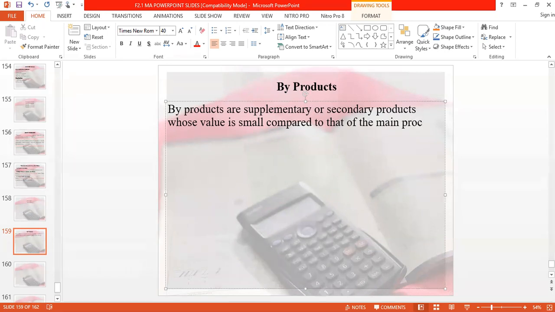Rarely do we test calculation. You just need to know what a byproduct is. Rarely does the examiner test calculation on this. However, I can do for you some working and then I'll share with you.